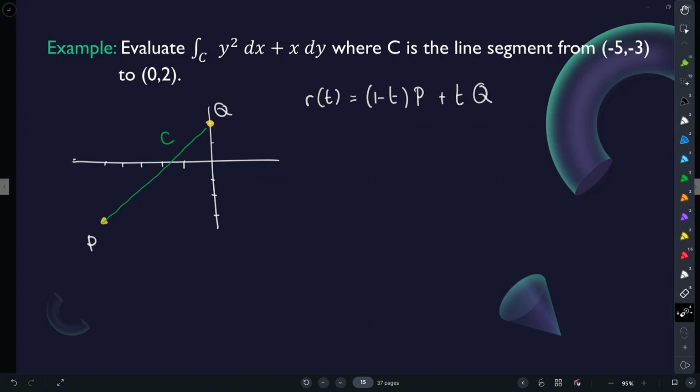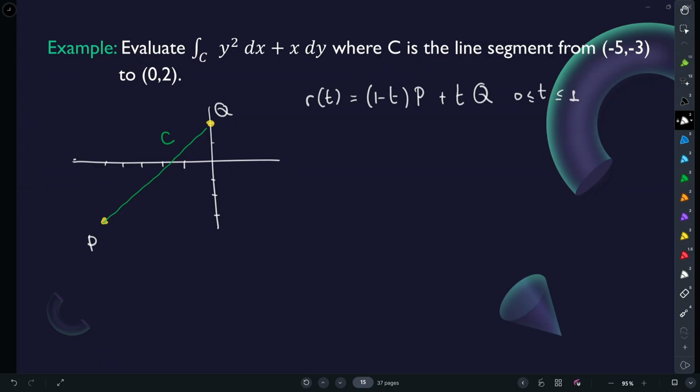In this formula, at t equals 0, there's no Q, I'm at P. And at t equals 1, there is no P, it's all Q. So this path between 0 and 1 takes me from P to Q. Whenever you have two points, you can use this formula to travel from one point to another from times 0 to 1.